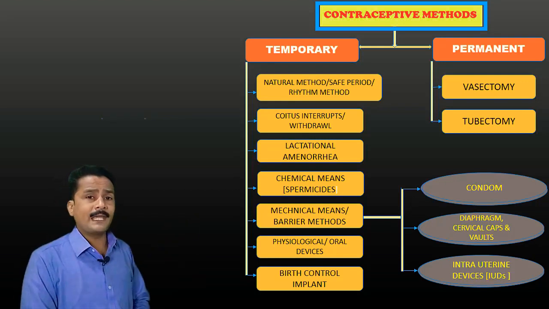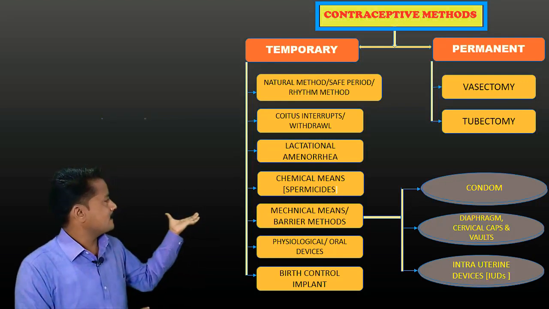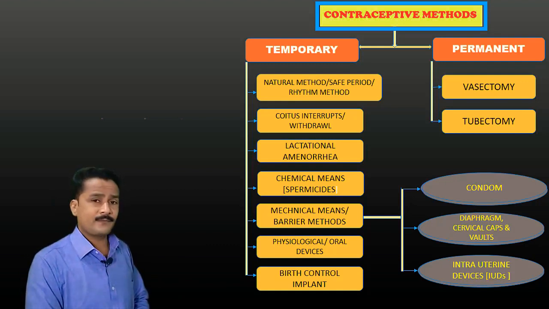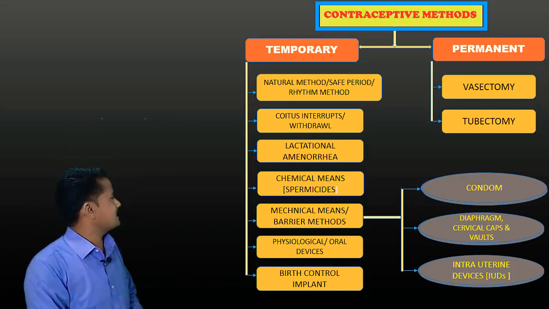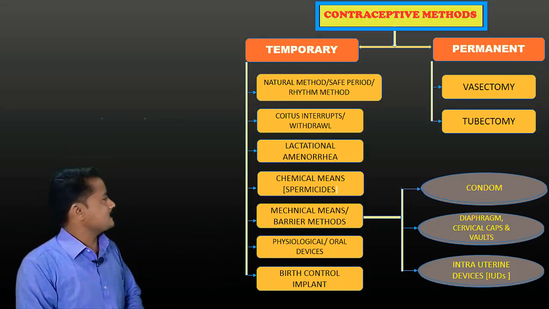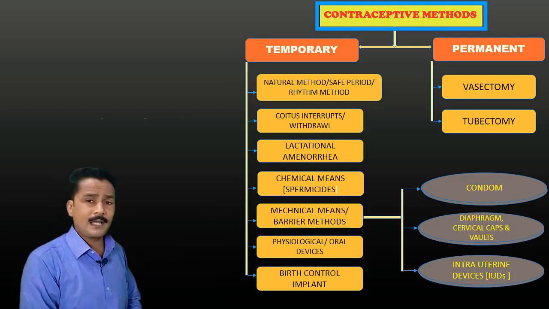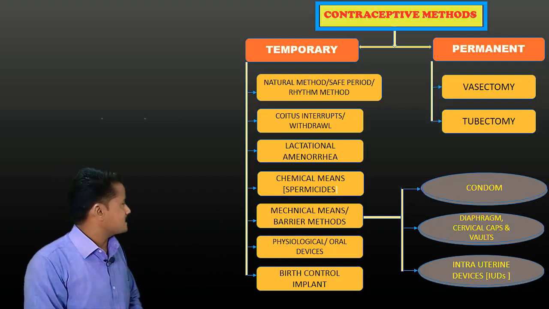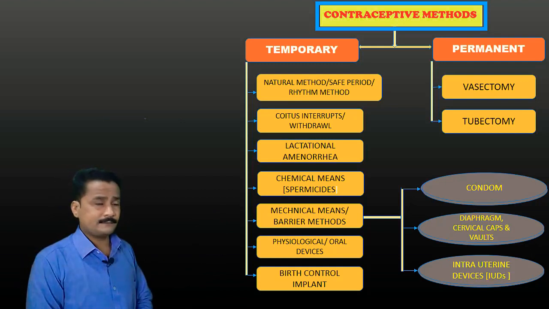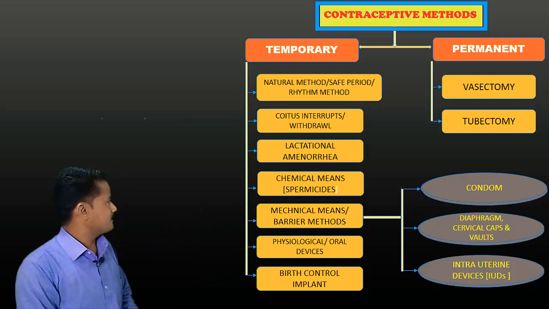The fifth one is the mechanical means. These are also called barrier methods, and they include certain types. Among them, the first one is the condom, the second is the diaphragm or cervical cap and vaults, and the third is the intrauterine devices. So that is the fifth type.